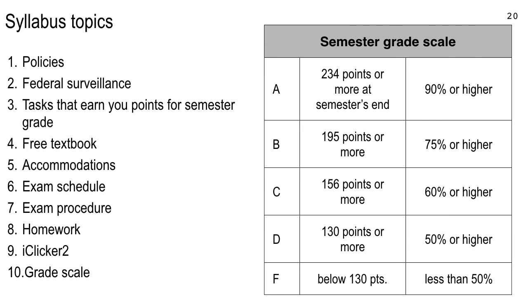Also, I don't think it's on the syllabus, but traditionally I keep track of how many you answer, and I also keep track of how many you answer correctly. If you answer 75% of the questions correctly, you get 4 bonus points at the end of the semester.